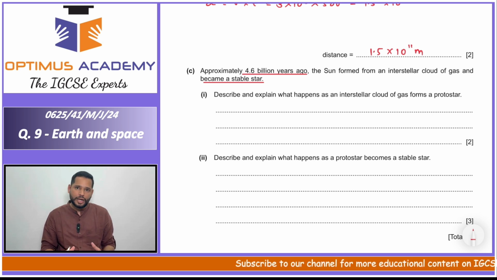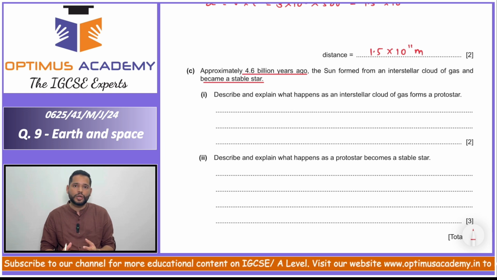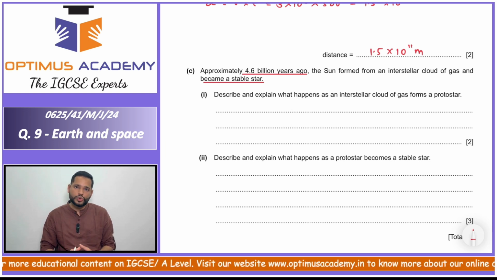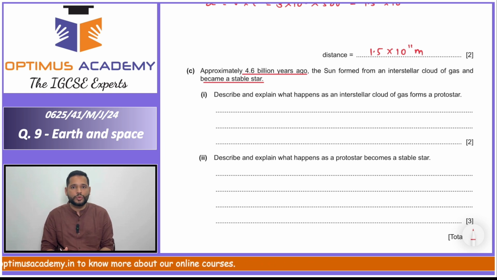The nebula particles, which are the gaseous and dust particles in space, start coming towards each other due to the gravitational pull, and because of that they lose energy. As they lose energy, they come closer, they form a clump of matter, and as they are losing more and more heat energy, that clump of matter goes into a nuclear fusion reaction, and that nuclear fusion reaction leads to formation of the star.